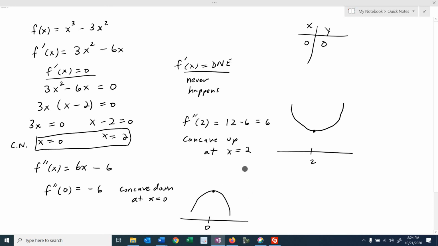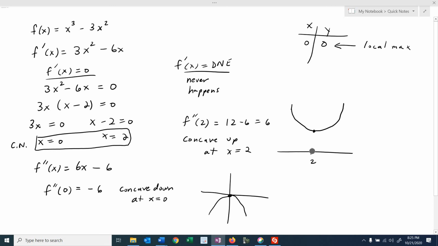And so this is actually at the origin. So the local maximum is 0, and it occurs when x is 0.